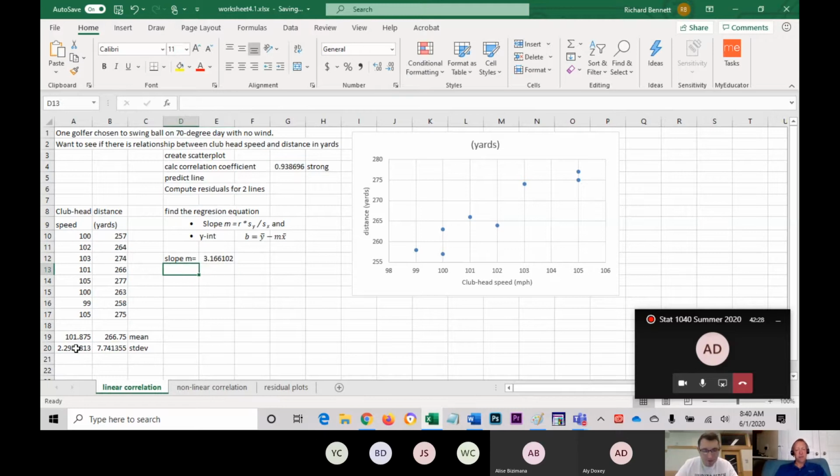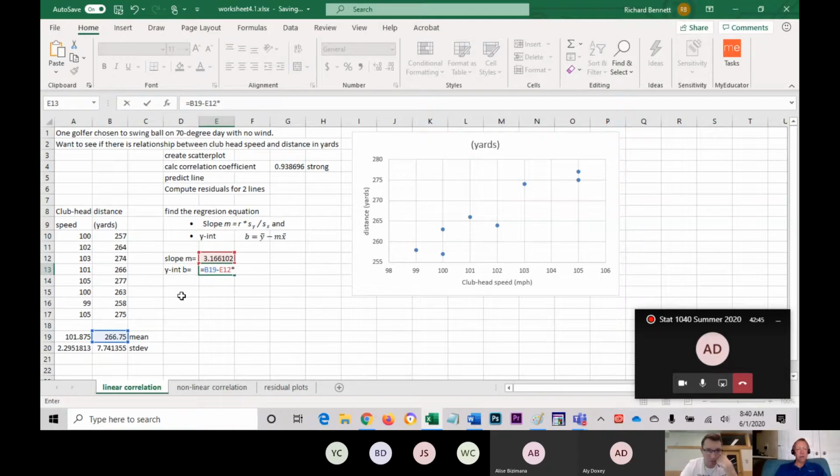And then the y-intercept, or b, equals y bar, which is that one there, 266.75, minus the slope that I just found, times x bar, which is that number there.